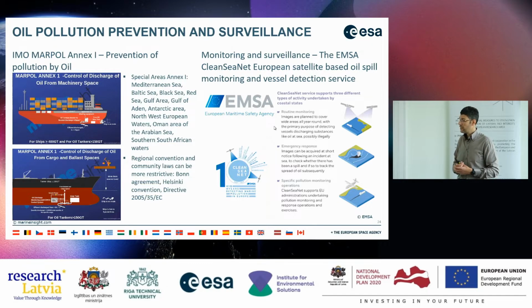The European Maritime Safety Agency, EMSA, has established for more than 10 years a program called CleanSeaNet, which is the European satellite-based oil spill monitoring and vessel detection service. All the EU members can make use of this service through EMSA.